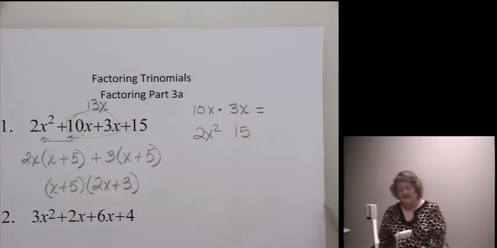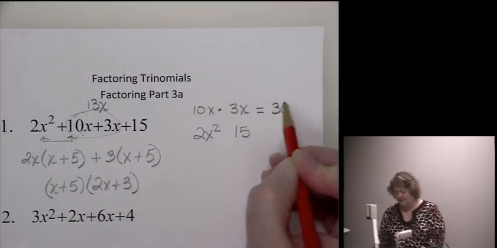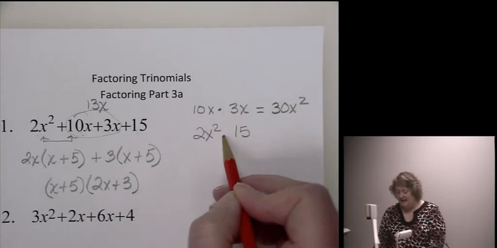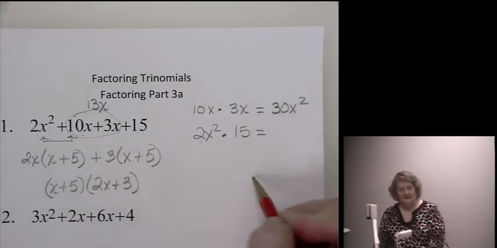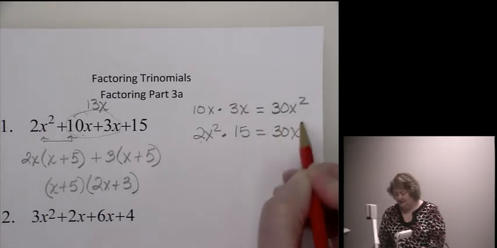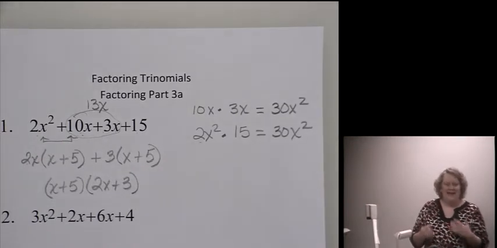If I multiply 10x times 3x, guess what I get? I get 30x squared. If I multiply that 2x squared times 15, guess what I get? I get 30x squared.